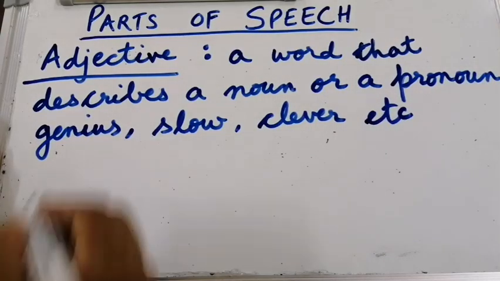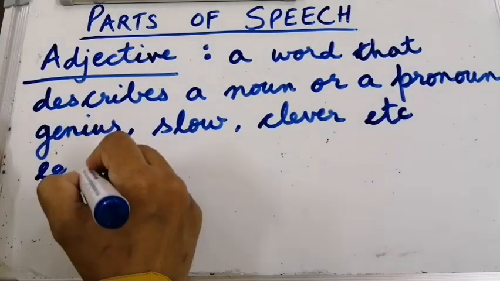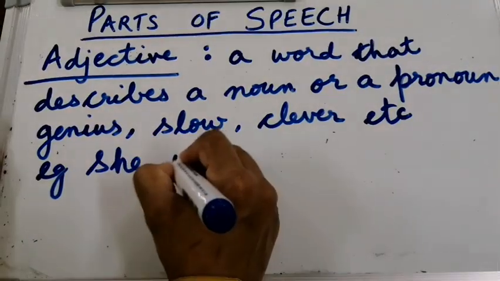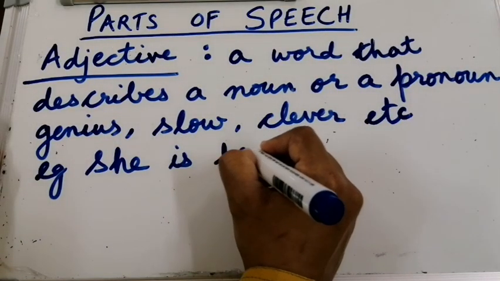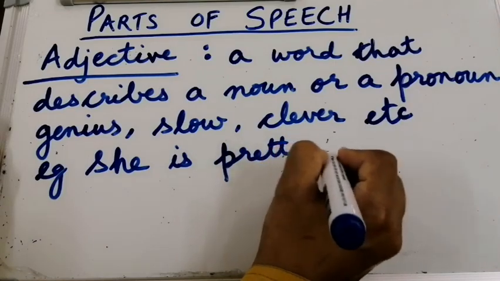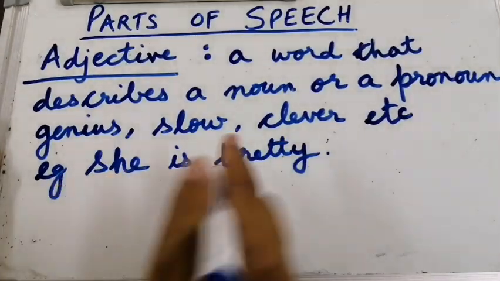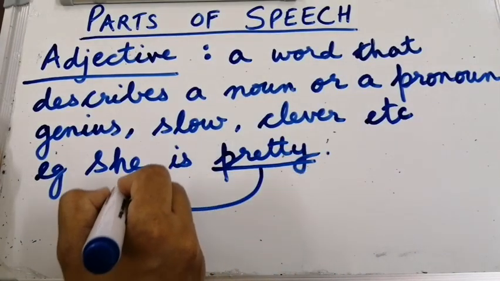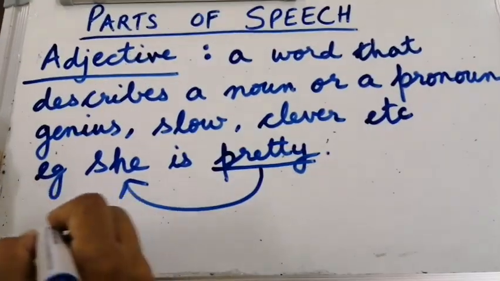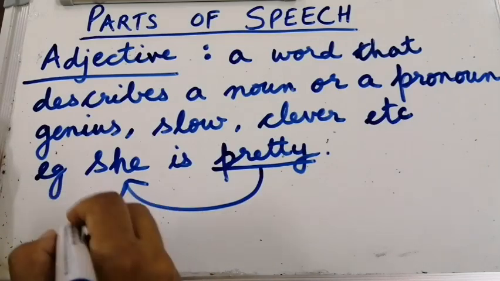So if I write a sentence over here, example, she is pretty. So the word pretty is an adjective because it is describing the pronoun she. I will use a noun here.